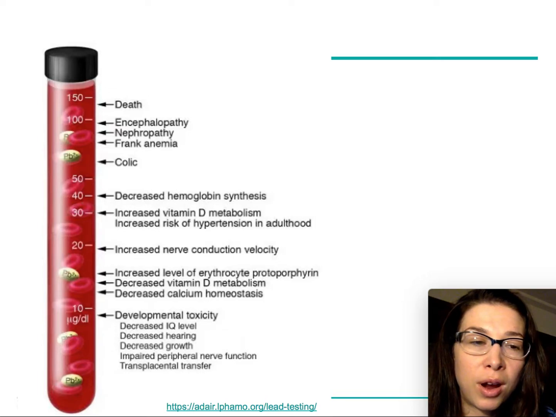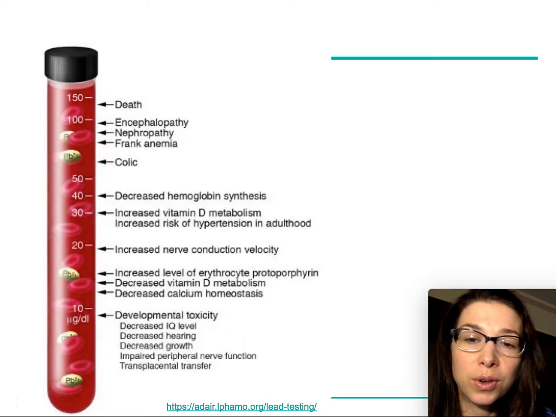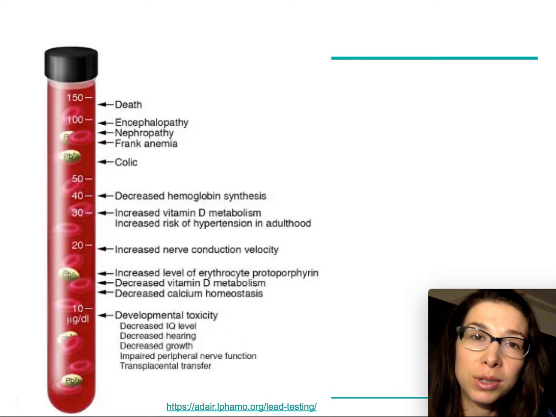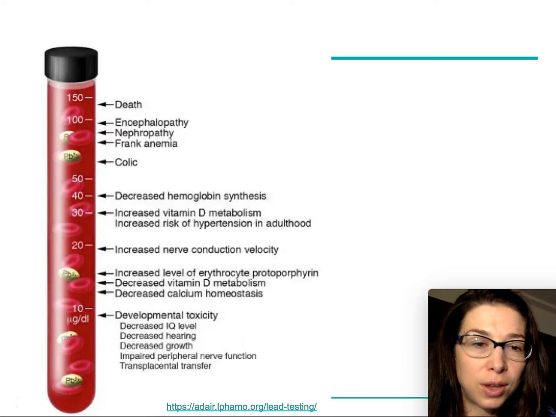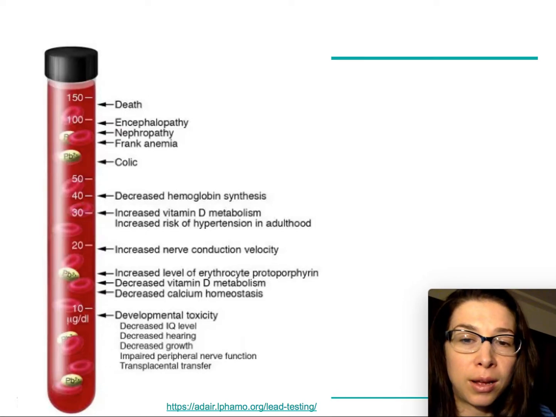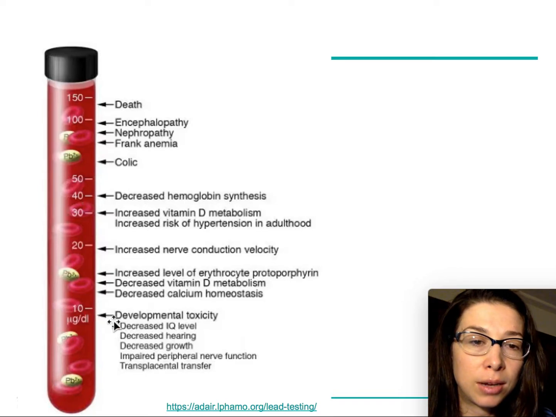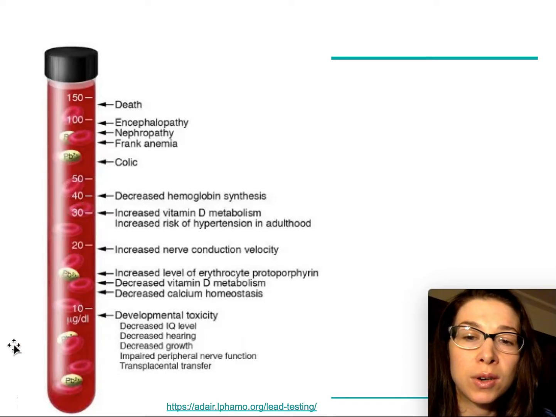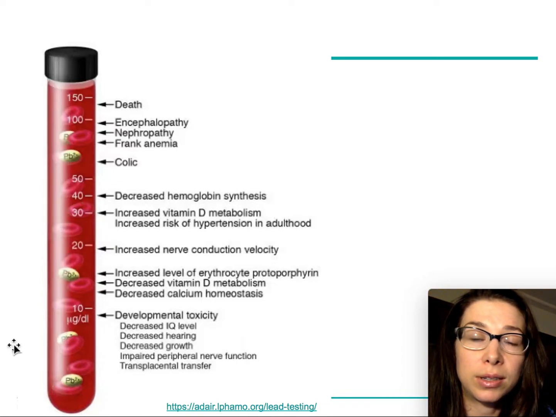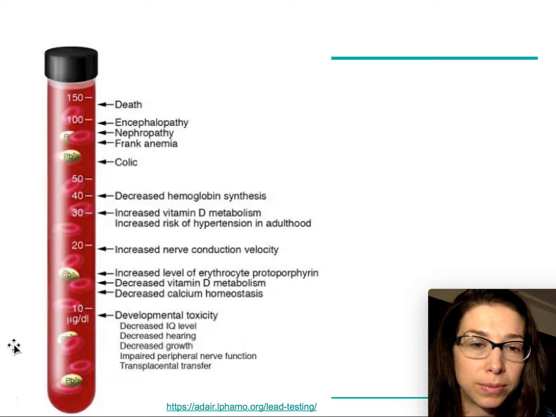And what are the levels of lead that have these effects? So this is another nice cartoon. Of course, I'm telling you, don't trust cartoons, so you can always go back and look at the source, and also try to find some literature with actual numbers where people have looked at the actual numbers. So 10 micrograms per deciliter down here are the levels where we start seeing neurological symptoms.